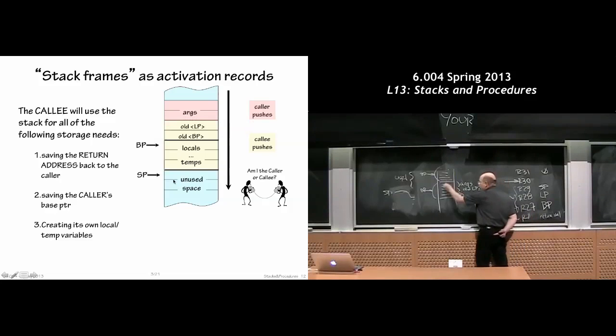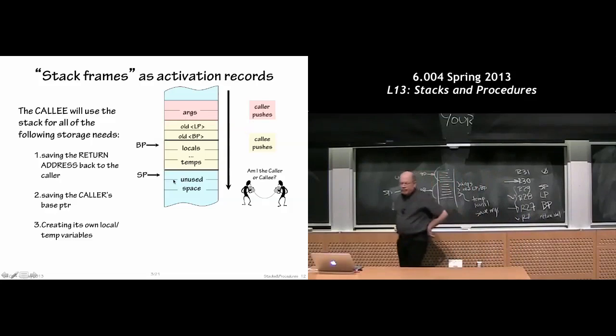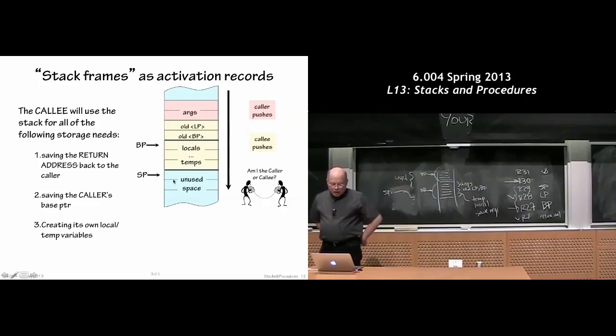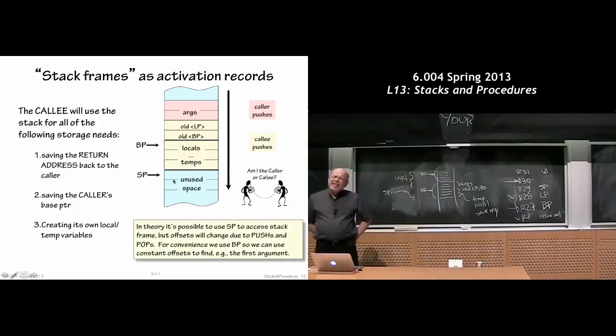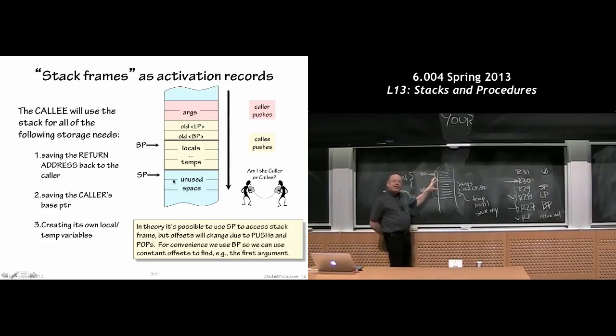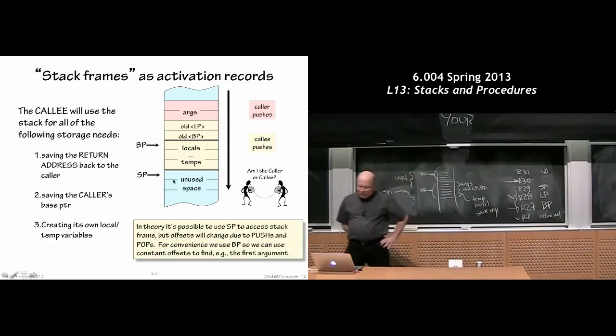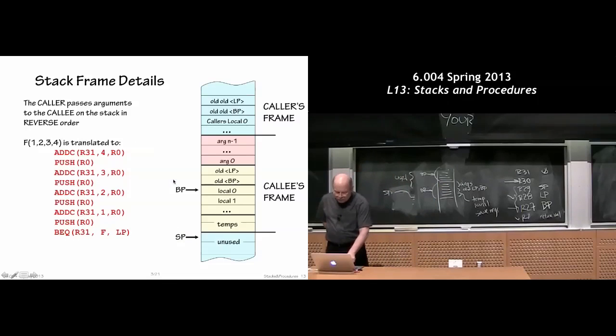Those are all the things that appear in a particular activation record. So you can see that what we're doing, we don't really need the base of frame pointer. It turns out we can do everything off of SP, but it's just convenient for lots of reasons to have a single pointer that always points to the same location within the book. And we'll see how that works in just a second. So here are our details.